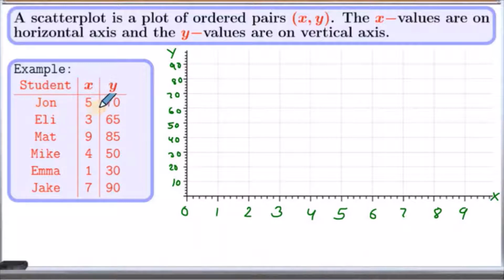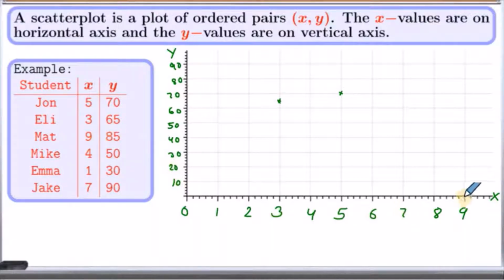So here, let's look at the first one. We have x 5 and y 70. So basically, we'll mark 5 here and 70. So this over here. So I will just mark that there. So the next one is 3, 65. So x is 3, which is right here, and 65. So let's say 65 is over here in between 60 and 70. The next one is 9, 85.